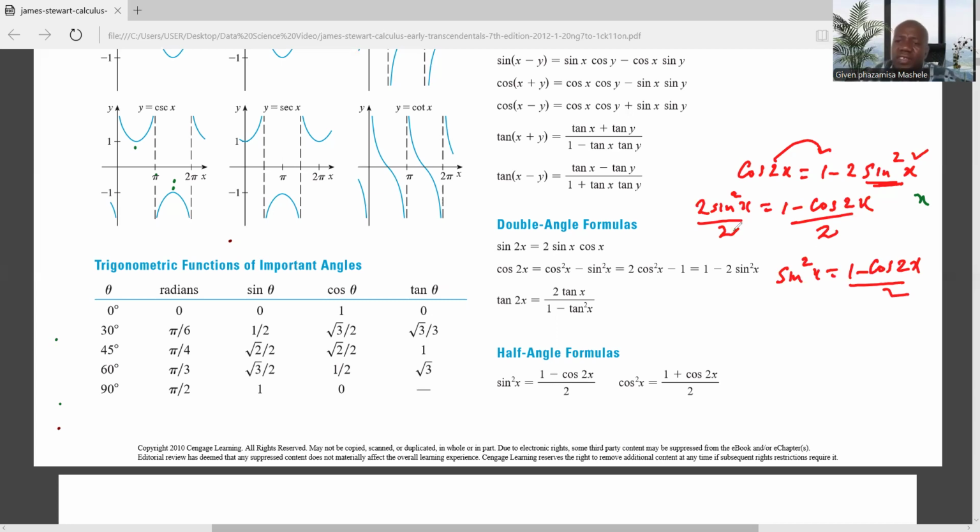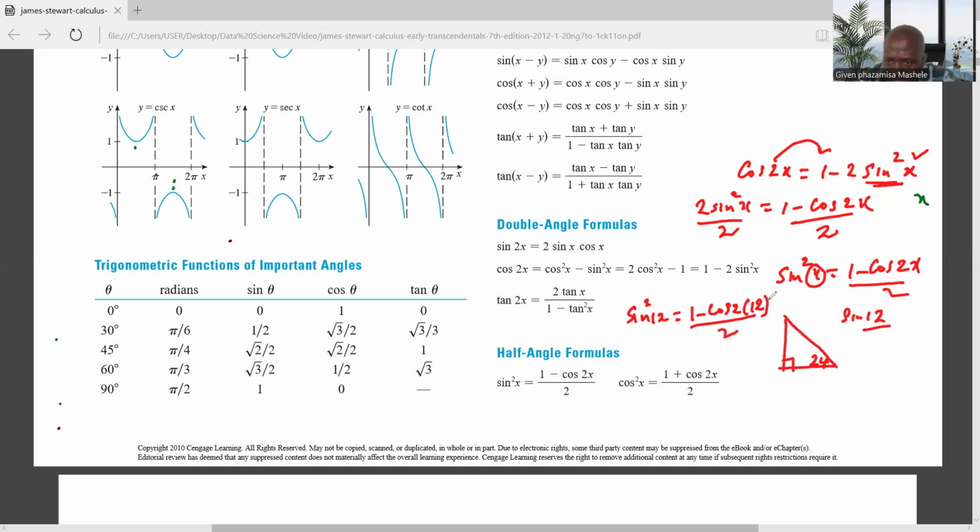For example, in the exam they give you a right angle triangle, and this triangle speaks of 24, but they want you to calculate, let's say, sine 12. Sine 12 means it's a half of 24, so if you say sine squared 12, then this will become 1 minus cos of 2 times 12, which is 24.